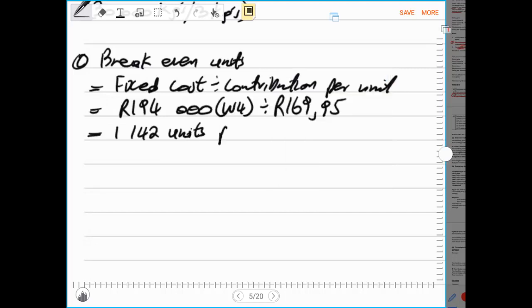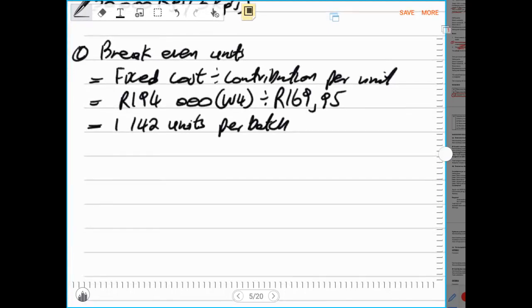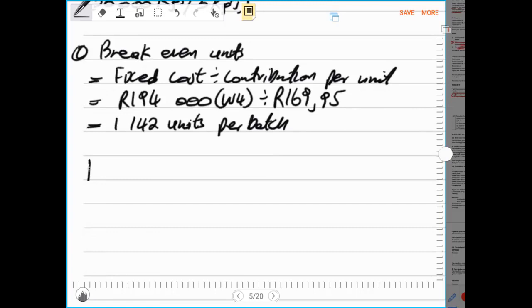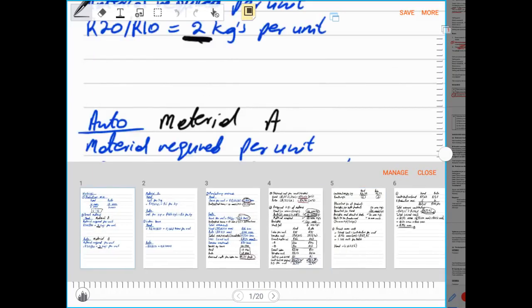And remember, this is for both products, which are hand and auto washing powder. So now we need to know the break-even point for each product separately. For hand, it will be 1,142 times 5. Where is 5 coming from? 5 is our production mix, don't forget.